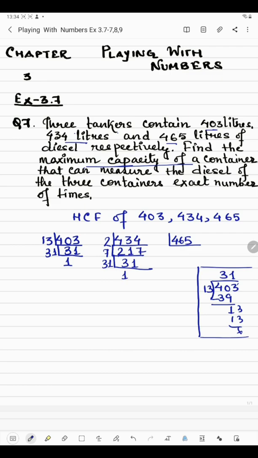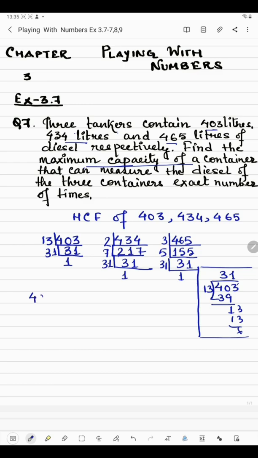So it will be divisible by 3. So 3 1s are 3, 3 5s are 15. Now after this it won't be divisible by 3, as 5 plus 1 is 6. Hence 5 isn't in 3's table, but it can be divisible by 5 as the last digit is 5. So 5 3s are 15, 5 1s are 5. Now 31 1s are 31.